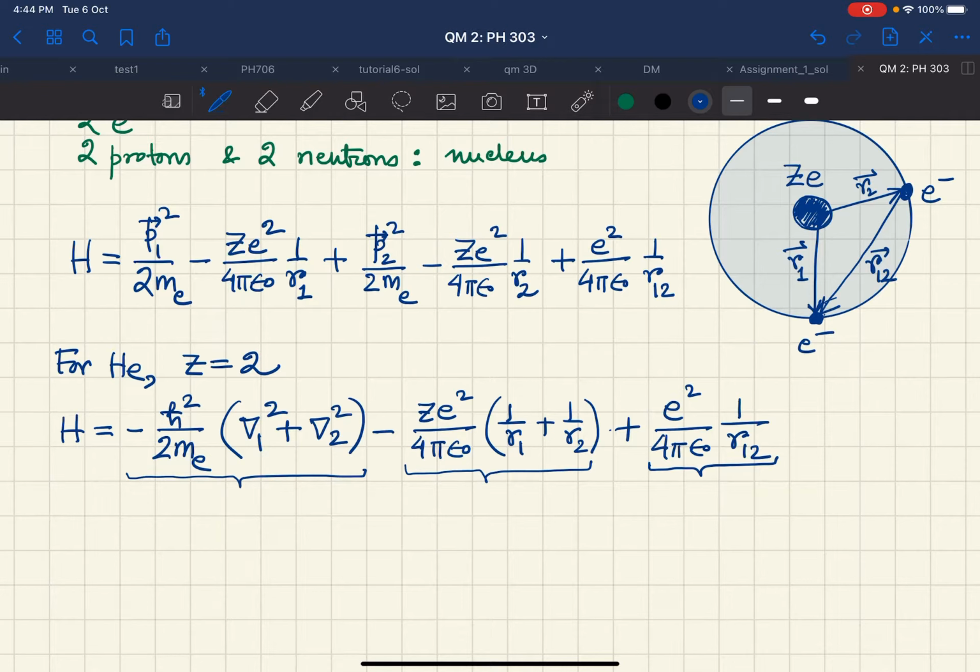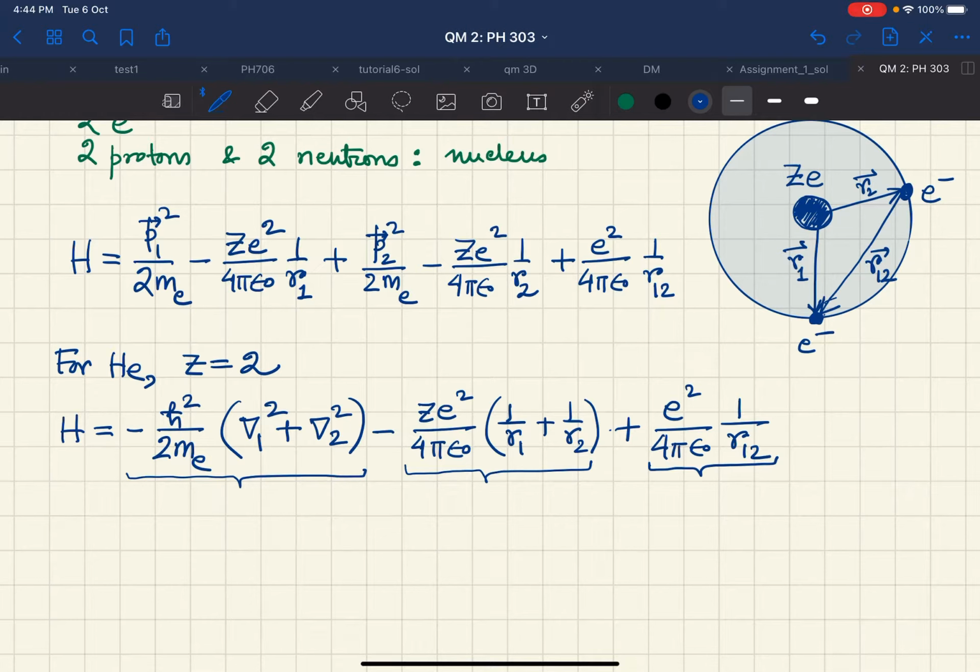Consequently, this system has been studied quite extensively by variational approach so as to draw some idea for more complex atoms. There are several other methods that also have been used, but the variational approach in this particular problem works like a wonder.